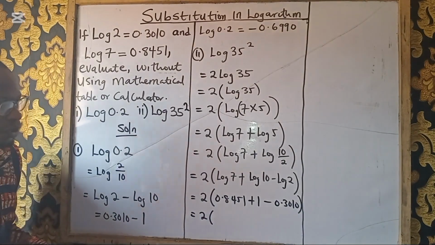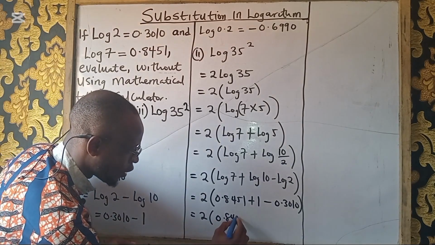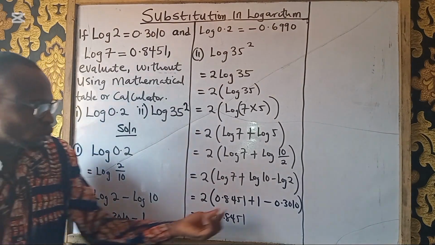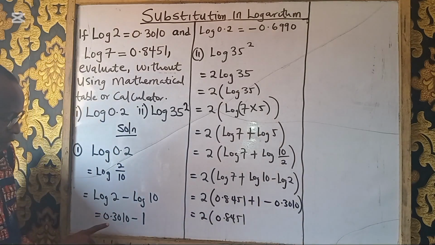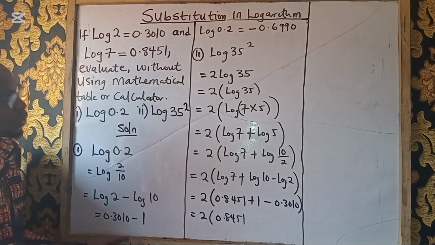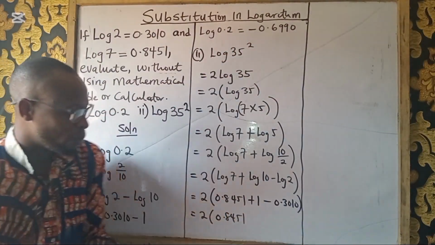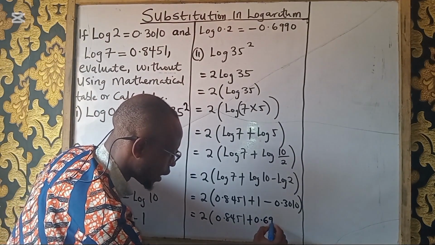So now we can do something here. Of course, I can still write this as 0.8451. So you need to find a way of getting your work to be very easy. Okay, so I can say 1 minus 0.3010, because from here I have the opposite. 0.3010 minus 1 is giving me a negative value. So that means 1 minus this will give you a positive value in that case. So this is going to be plus 0.6990.